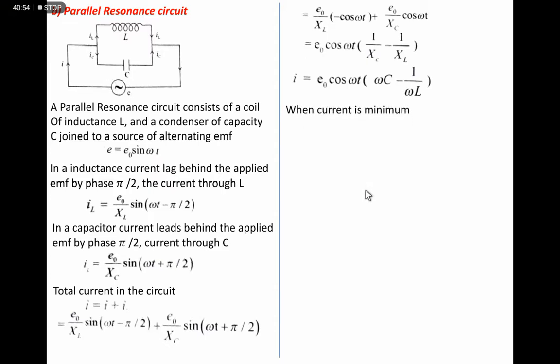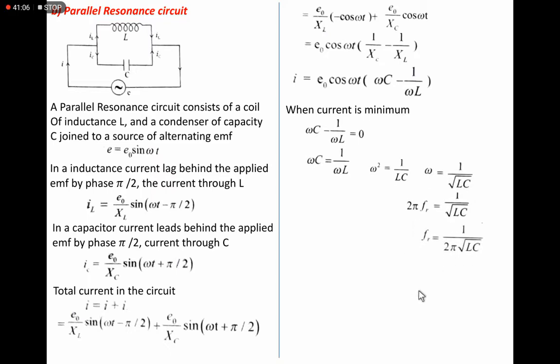So when the current is minimum, this becomes equal to 0, and omega square, again the same equation. This is the equation for the resonance frequency. Already we studied this part in the previous topic, so no need to explain these mathematical terms.